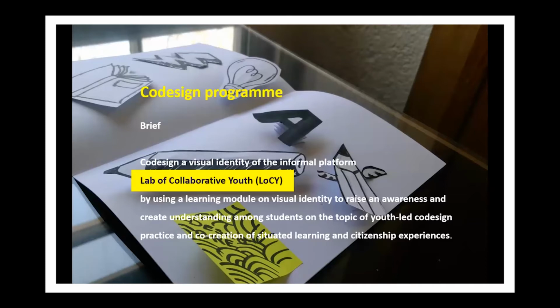This would help them understand how youth-led co-design practice can be staged as a methodology they could later use, and that this can be a process in which co-creation of their learning also builds up and involves their citizenship experiences, because this was a socially responsible project.